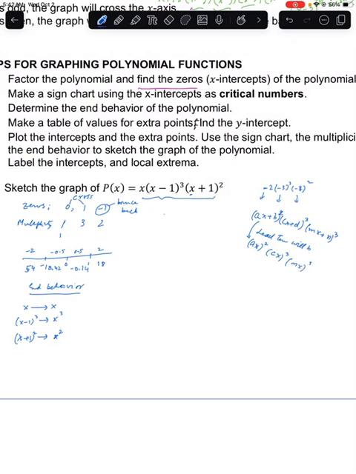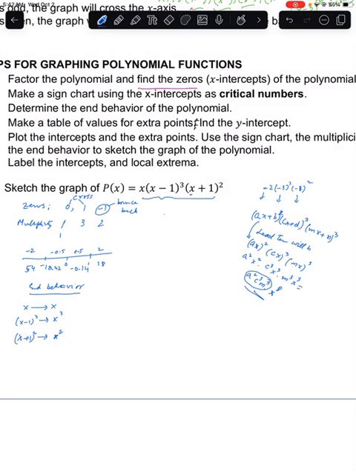So you get a squared x squared times c cubed x cubed times m cubed x cubed. The lead coefficient will be a squared c cubed m cubed, whatever the numbers are, and then x to the 2 plus 3 plus 3, 8. So this will be the lead term, and the degree of the polynomial is 8.